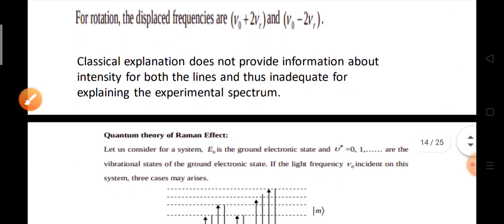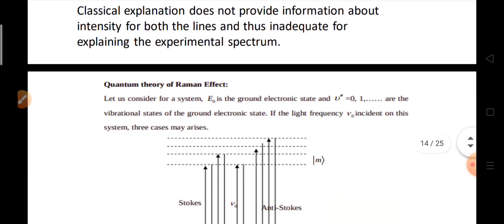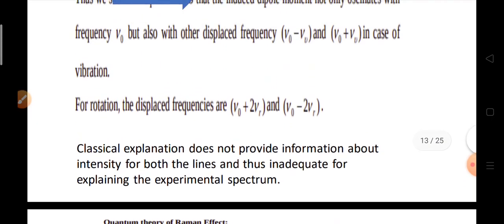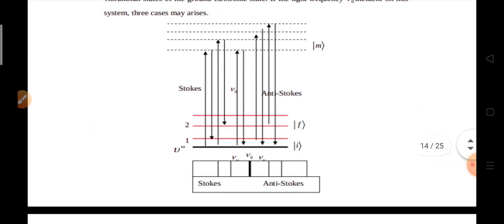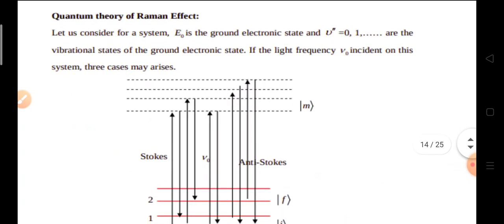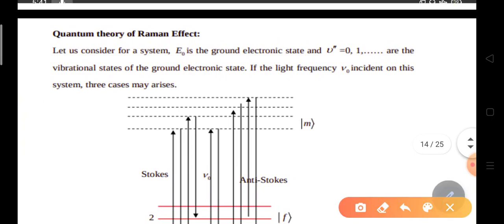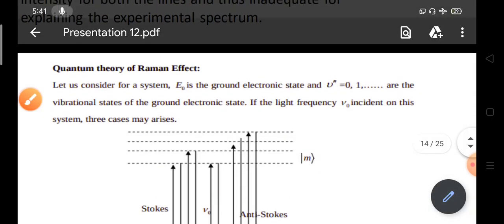So what is the experimental spectrum? We will learn it. So we understand that the classical theory cannot tell us the intensity difference of the Stokes line and anti-Stokes line. So we need a more fundamental explanation, and we find the quantum theory of Raman effect.